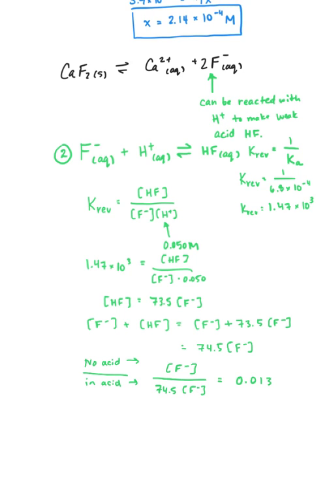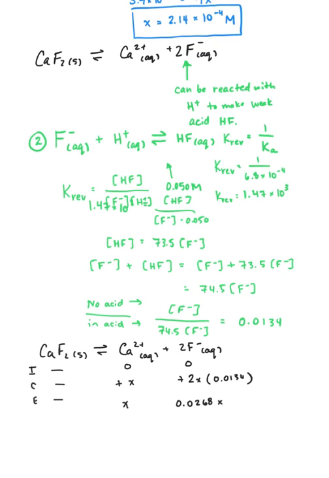The ratio is 0.0134. So what this means is that by the time equilibrium is established, because we're pulling away some fluoride ions, by Le Chatelier's principle, we have to be funneling more calcium and more fluoride to the product side from our calcium fluoride in order to compensate for that loss of fluoride.